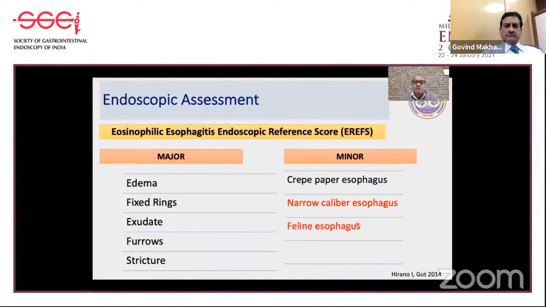For endoscopic assessment, there is a score, the eosinophilic esophagitis endoscopic reference score, which has major and minor criteria. The major criteria include edema, fixed rings, exudates, furrows and strictures, and among the minor criteria, crepe paper esophagus is recognized as one of the criteria.